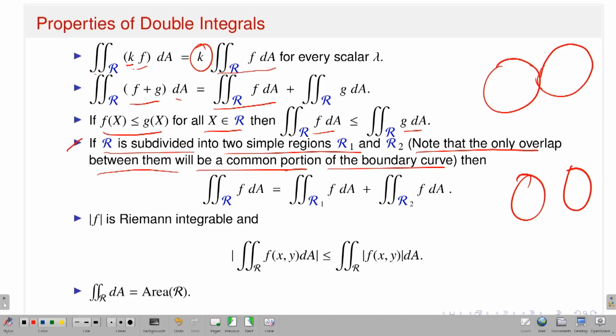So suppose I have a full region and it is subdivided into two simple regions R1 and R2; this is the boundary curve, this is the boundary curve. Okay. Then what will happen? The double integral over R splits up into the integrals over R1 and R2, like in the Riemann integral in the single variable.